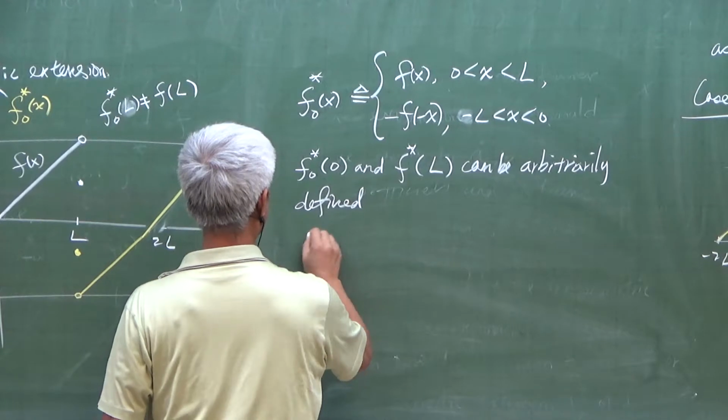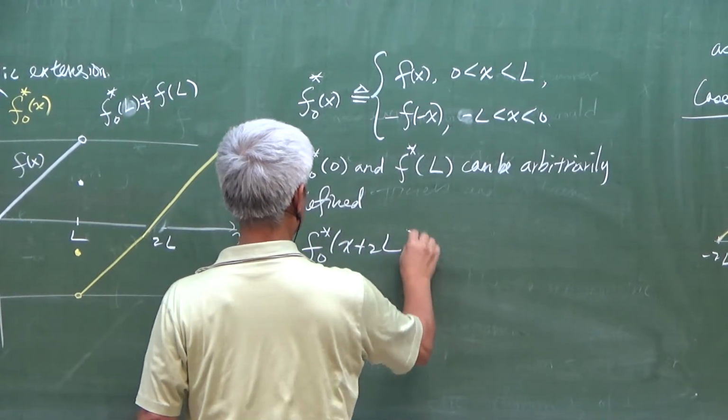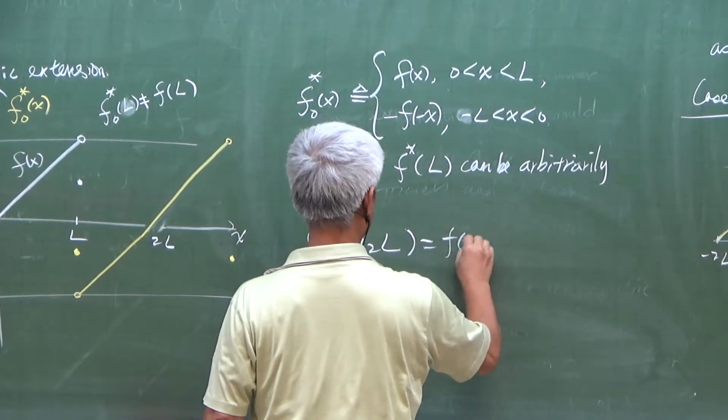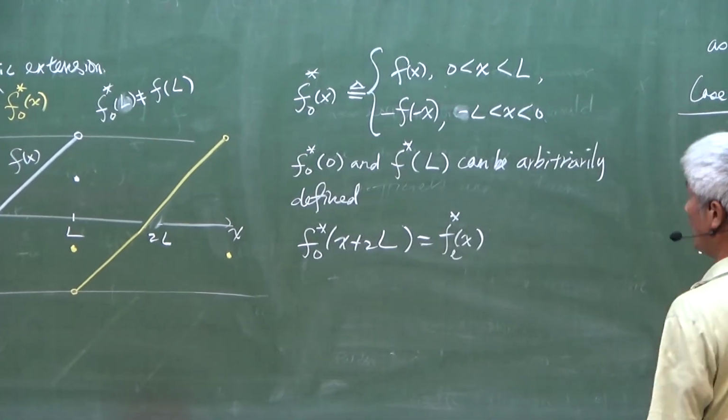And finally, f0 star of x plus 2L equals f0 star of x. Okay? Sorry.